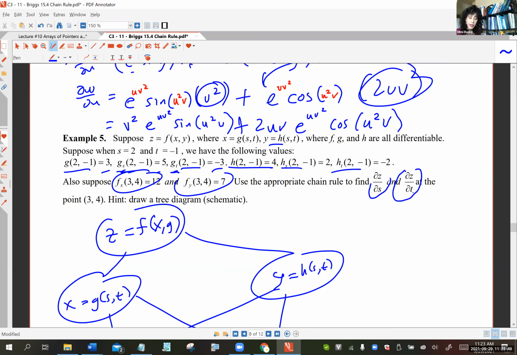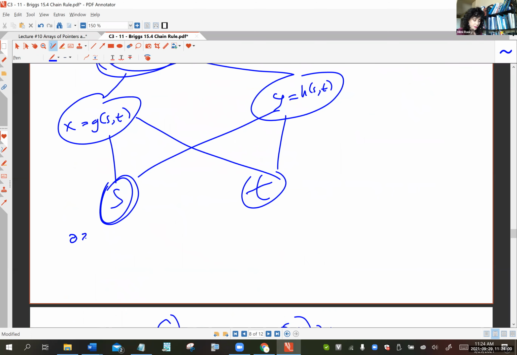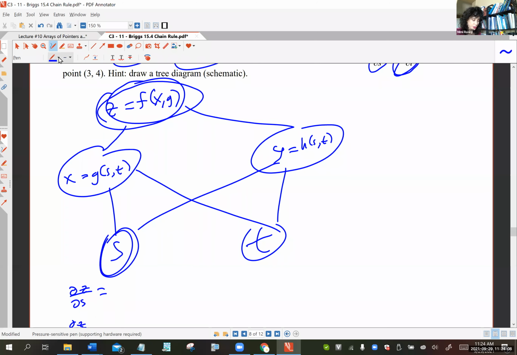What do they want? They want the derivative of the parent function z with respect to s. That's one of the drivers of the bus. And they want the other partial with respect to t. So let's write these out, and then we'll put in the nicknames. So dz/ds, if you're following this tree diagram, you first have to go down this branch, which is dz/dx.